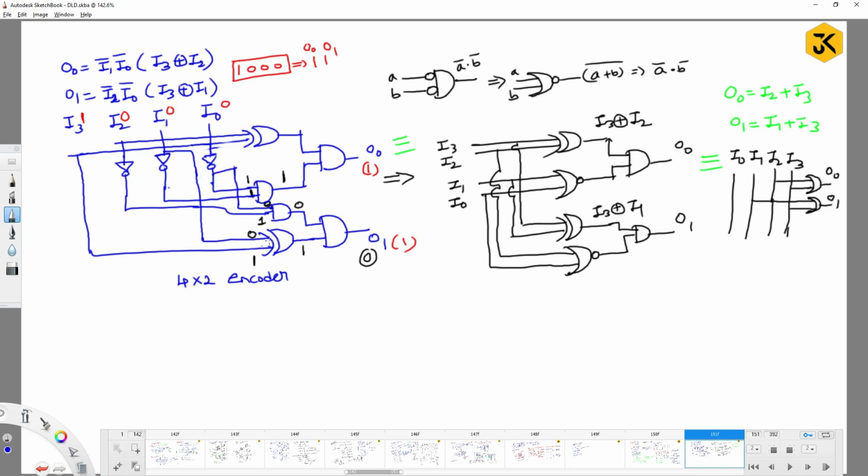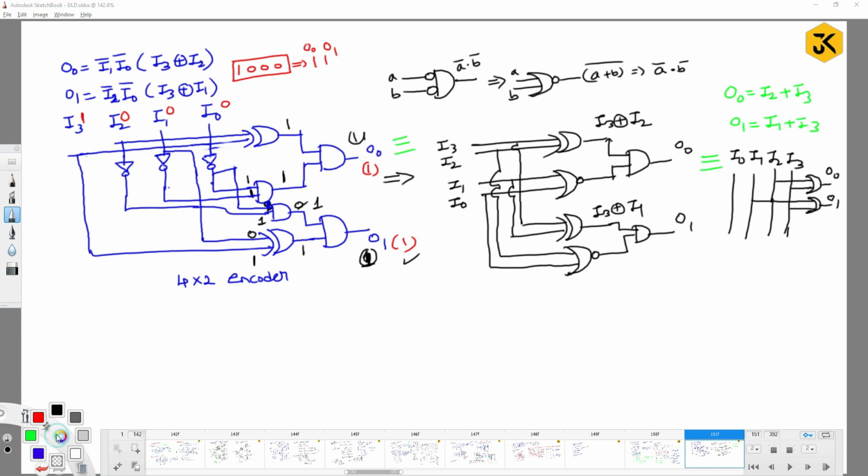Now here we are going to get the value 1. If you get the value 1, the output will be 1 as usual. 1 into 1 is again 1. So here it is correct. What about the case here? I2 and I3. I2 is 0, I3 is 1. So 0 XOR with 1 is 1. 1 and 1 is 1. So it means that the circuit is perfectly correct.